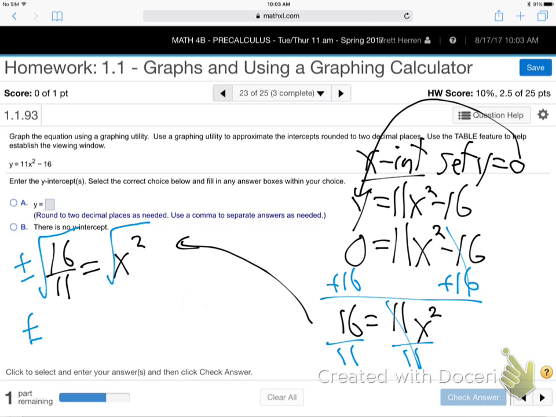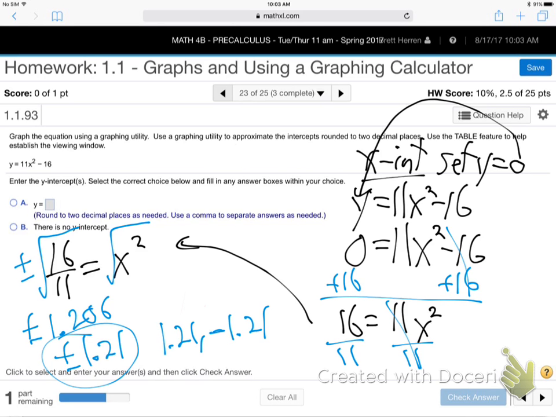I'm getting plus or minus 1, how many places do they want? 2. 1.206, so that'd be 1.21. Plus or minus 1.21. Is that good on that? Does that make sense? I don't know if they want you to enter like 1.21 comma negative 1.21 or whatever, probably like that, however they want it entered. Good? All right. I'm going to leave that behind.